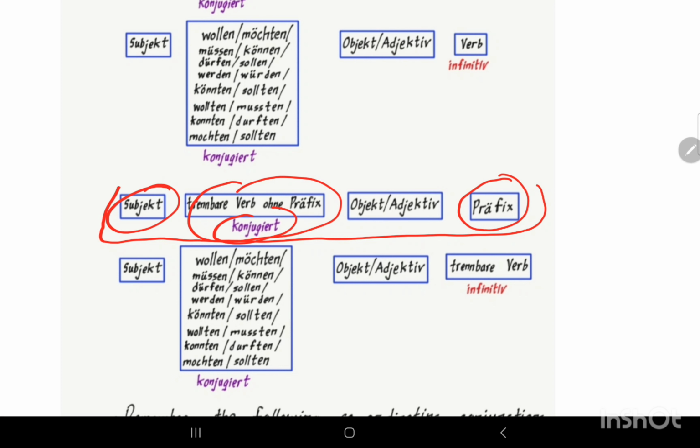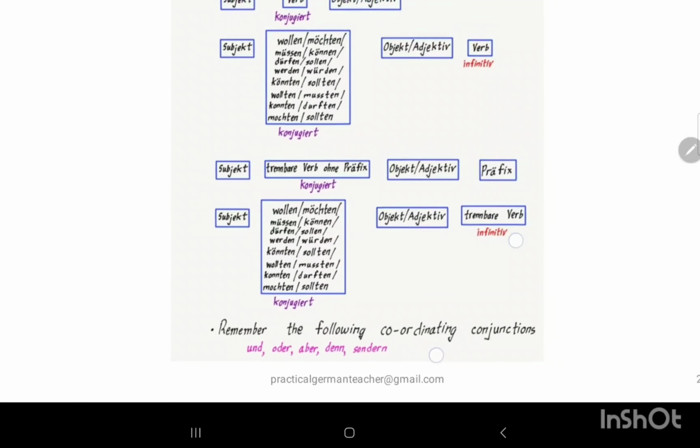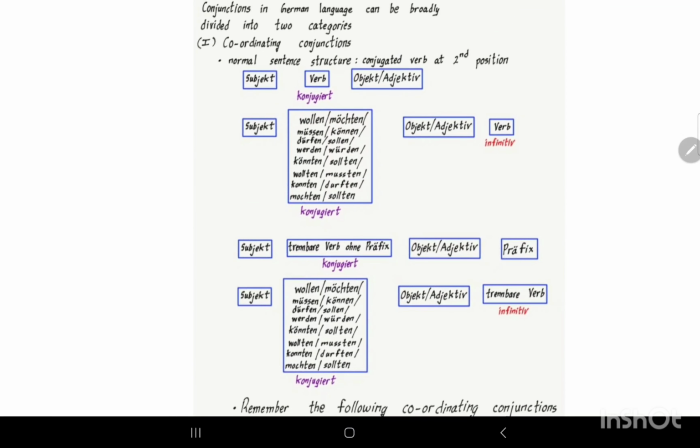In the earlier example you had a verb and you used one of the modal verbs in present or past tense or in Konjunktiv II format. It's the same over here as well, but the only difference is that here you have a trennbar verb. Again it doesn't matter because you'll be writing the prefix and the verb together in infinitive form, right? So it doesn't matter.